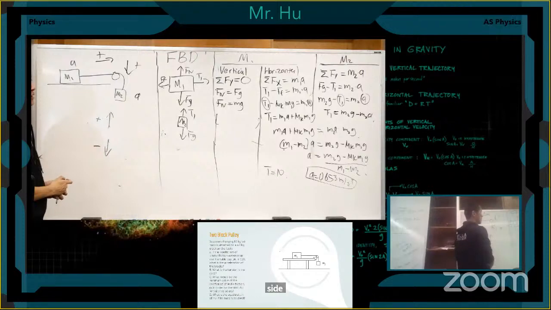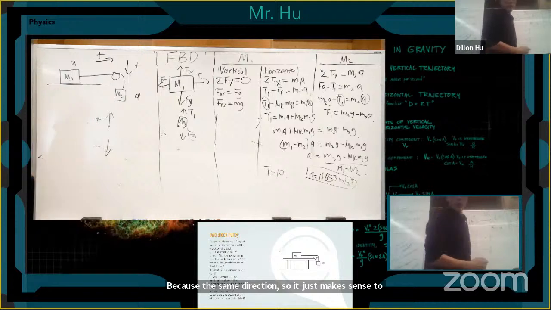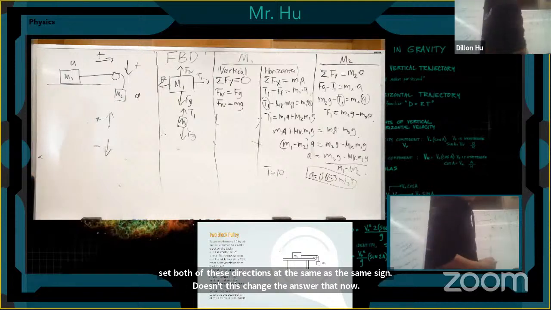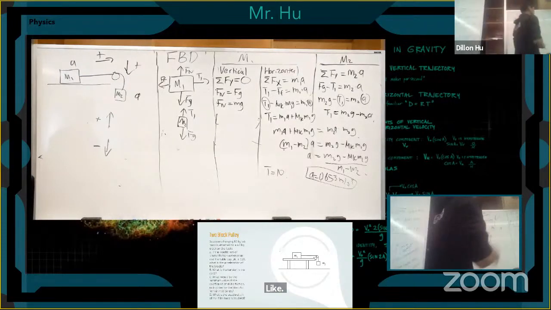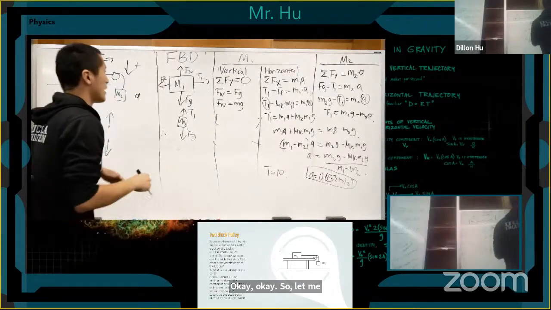Doesn't this change the answer though now? The conclusion is I butchered something, and let me unbutcher it. Let me figure out what I did here. Yes, I messed something up. I apologize. The general idea is this is what you do.